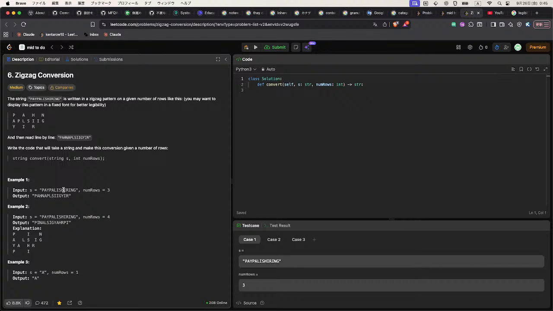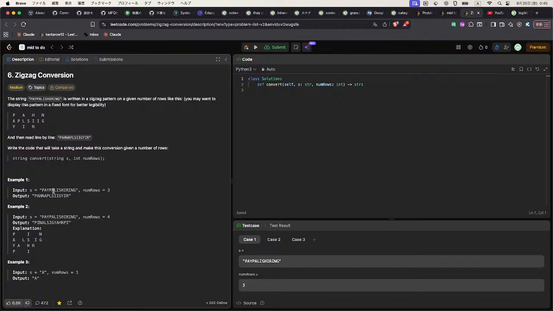Zigzag pattern. Number of rows is 3. The output is PAH. So maybe P and 1, 2, 3, 4.